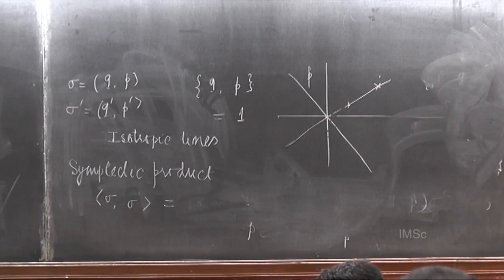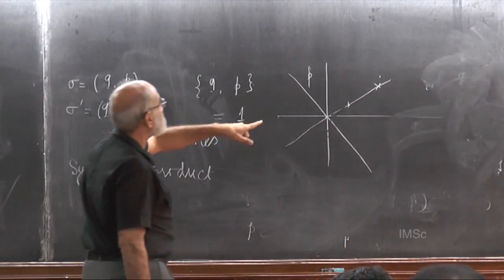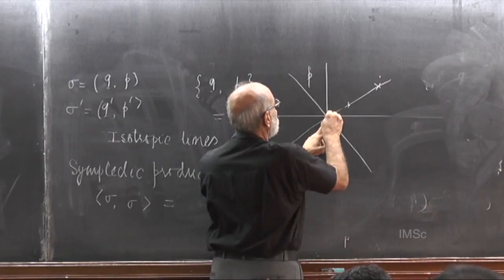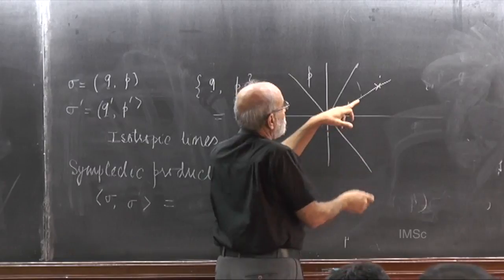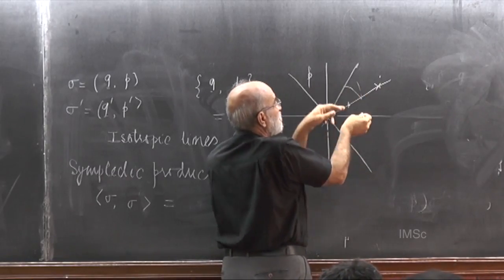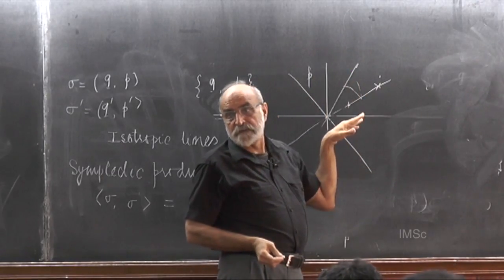All points on this line under this change of variables will go to another line, and not necessarily by rotation; it could also involve scaling. Okay?